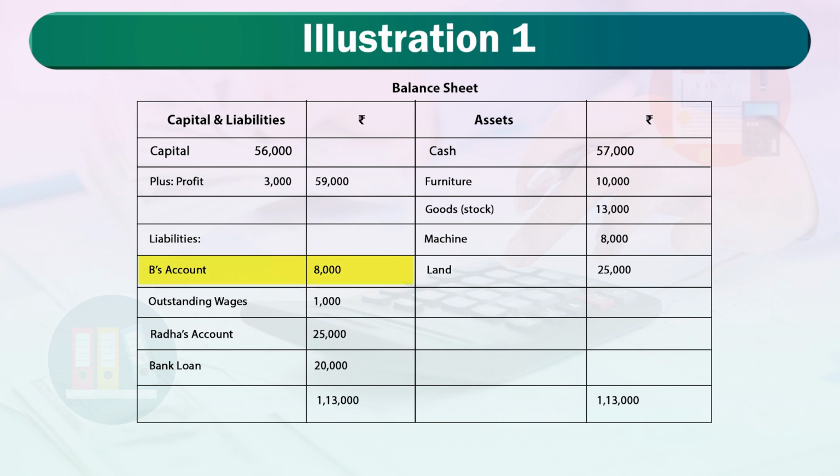Here B's account total of 8,000 is put over here in the balance sheet on the liabilities side. Outstanding wages of 1,000 is also placed, Radha's account 25,000 and bank loan as a liability of 20,000. If we make a total of capital and liabilities, it is also 1,13,000 rupees, equal to the assets of rupees 1,13,000.